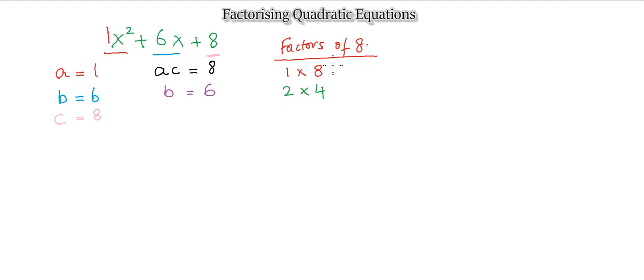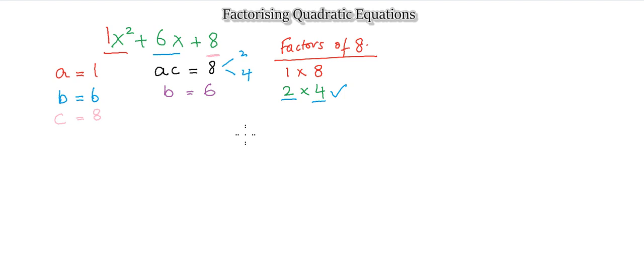We only have two scenarios of pairs that multiply to get 8, and now we need to check which of these pairs would actually add to give me a 6. And by the looks of it, that becomes the second one. So 2 and 4.